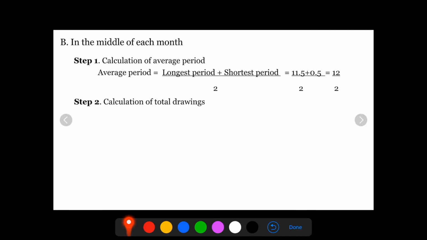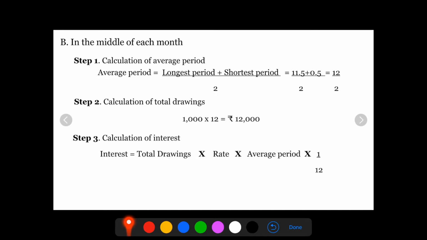Step 2, calculation of total drawings. Now, how do we calculate total drawings? Again, the question says that he is withdrawing rupees 1000 per month, and the withdrawal pattern is for 1 year, that is 12 months. So 1000 into 12, we will get 12,000. We'll proceed with step 3, calculation of interest.